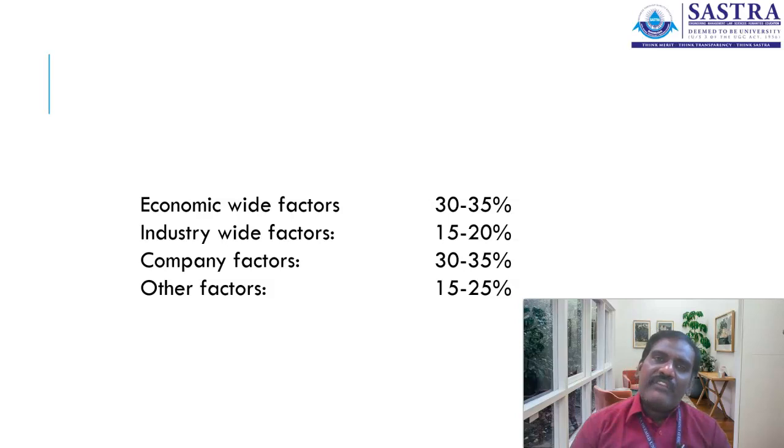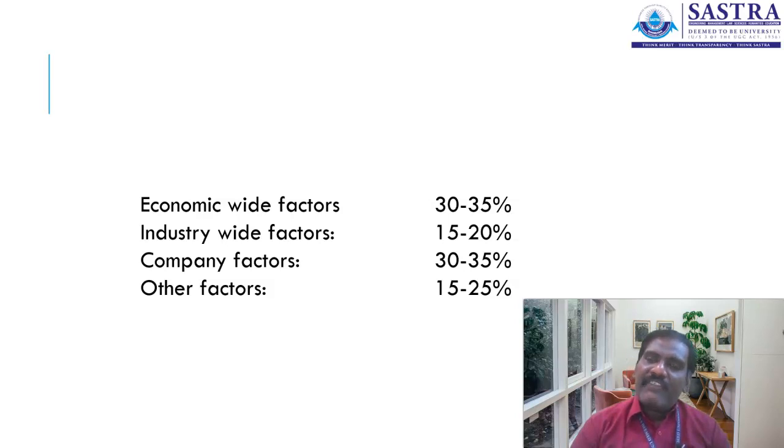About 30 to 35 percent of value is determined based on economic factors. The influence of industrial factors is somewhat lower compared to economic factors, about 15 to 20 percent of price changes happening through the industry.